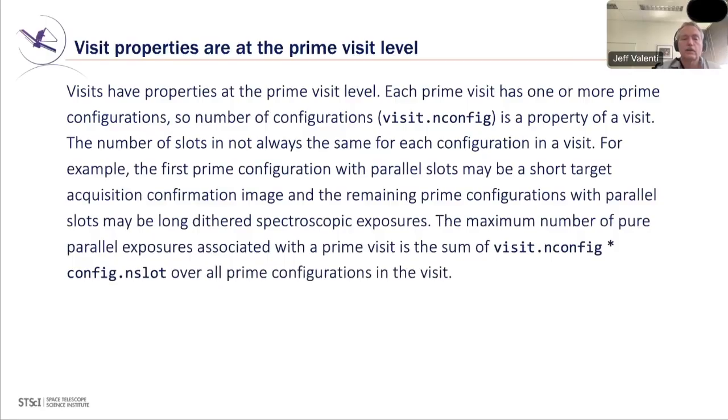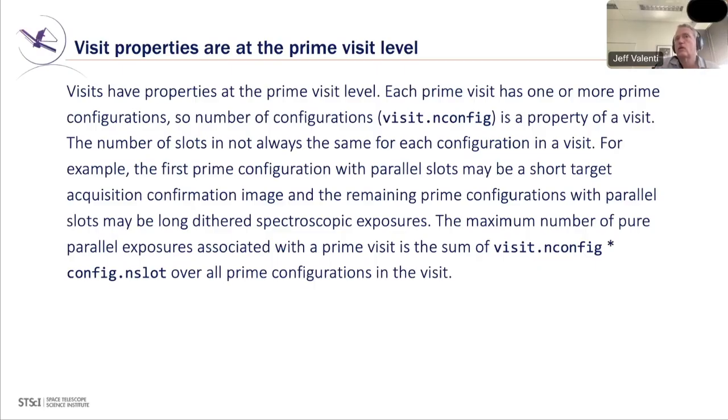And finally, visits have a number of configurations. Just a warning here: all slots in a configuration have similar properties, modulo that extra little bit of time I just discussed, but the configurations in a visit can be quite different.